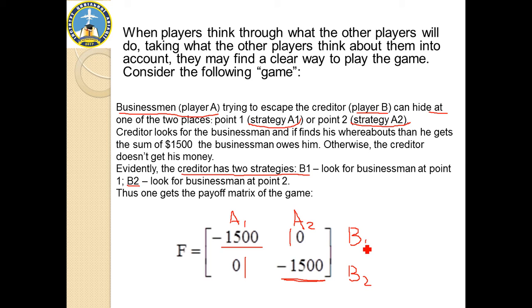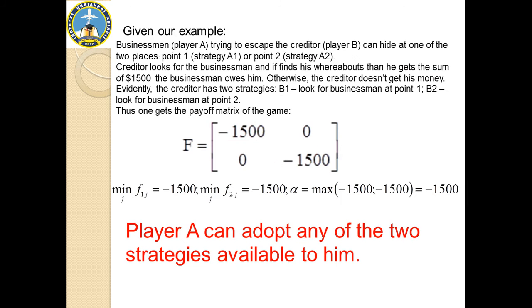This makes the creditor also randomize his strategies. Now this game makes a little bit more sense, right? Because you don't know exactly the whereabouts of the businessman, so you have to pick the place to seek him at random. But first, let's consider the solution in pure strategies.